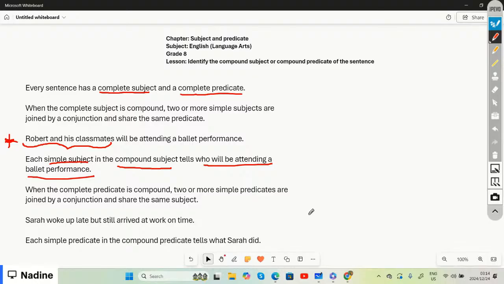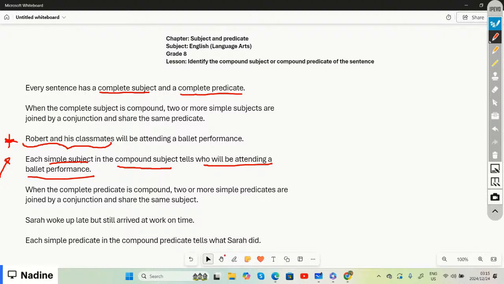All right. We identified our simple subjects, so now we're going to try to identify the two predicates within a sentence.